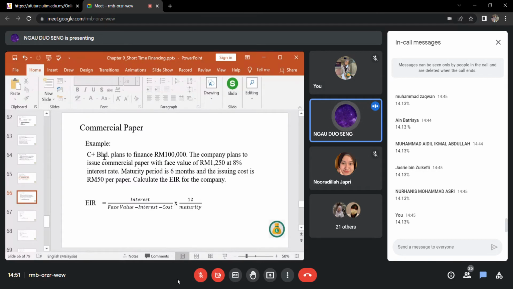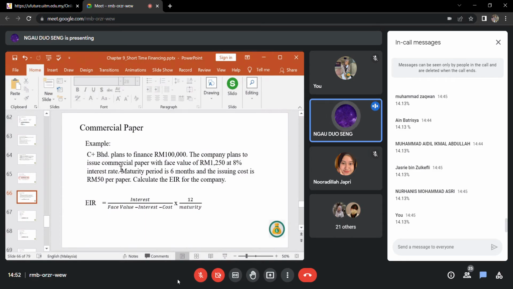Contoh C+. C+ Berhad plans to finance 100,000, meaning that the company dia nak duit, atau shortage dia kekurangan duit sebab berapa? 100,000, so dia nak pinjam finance. So the company plans to issue a commercial paper with face value of 1,250 at 8% interest rate.